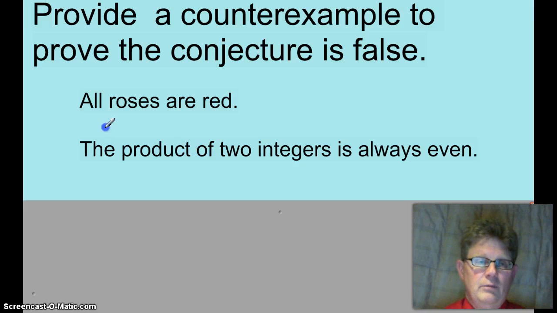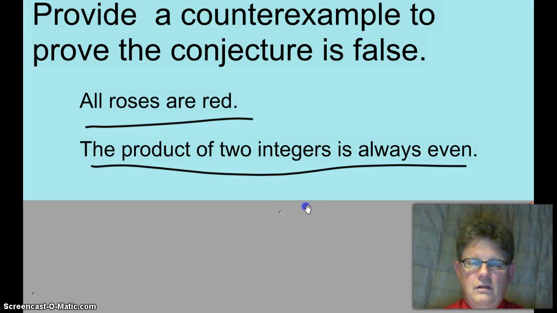Okay, I expect you to come in with counterexamples for both of these in class tomorrow. I'll be asking questions about them. And don't forget to ask me about that one pattern where it was O, T, T, F, F, that one. Alright?